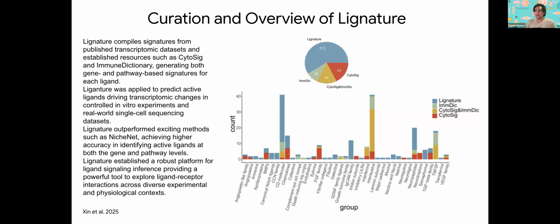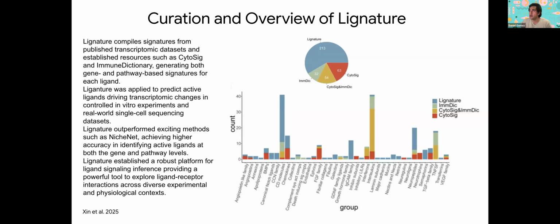Applying Lignature to predict active ligands driving transcriptomic changes in controlled in vitro experiments and real-world single-cell sequencing datasets, Lignature outperformed existing methods such as NicheNet, achieving better accuracy in identifying active ligands at both gene and pathway levels. So Lignature is able to establish a robust platform for ligand signaling inference, providing a powerful tool to explore ligand-receptor interactions across diverse experimental and physiological contexts.